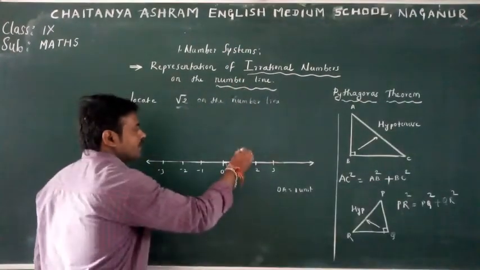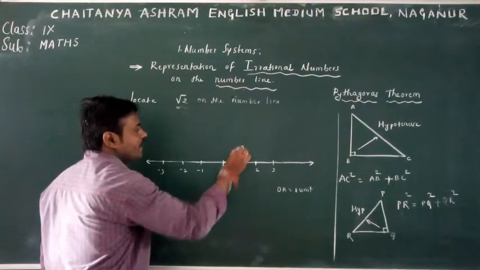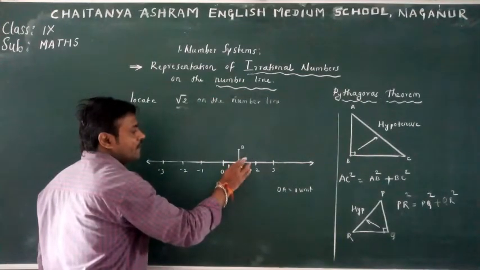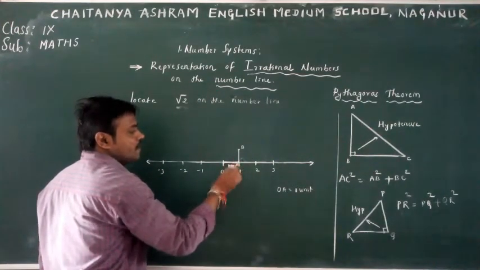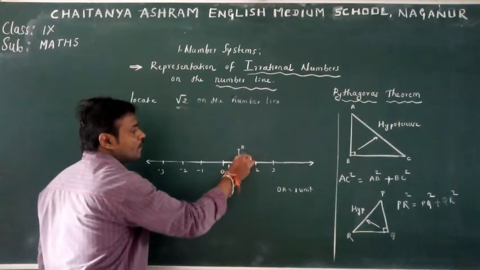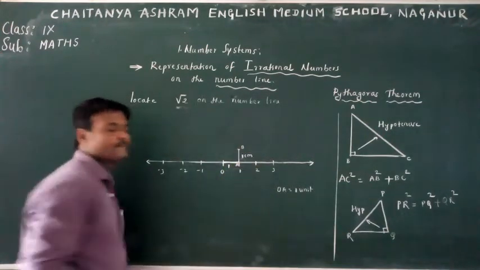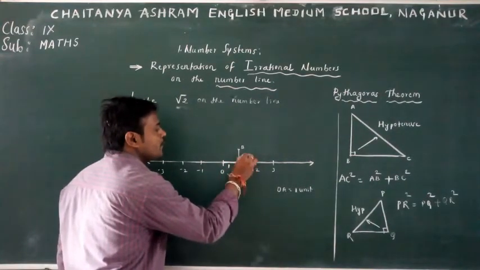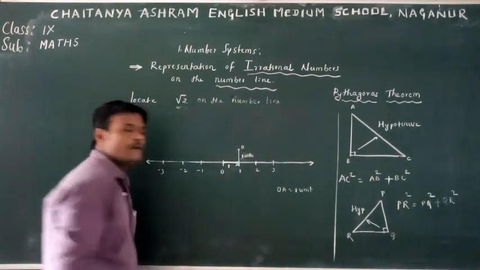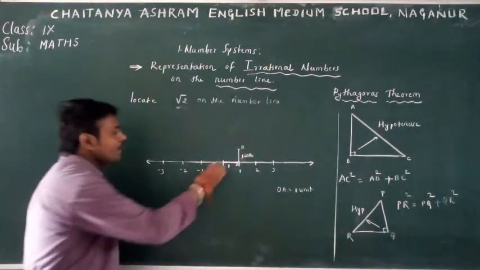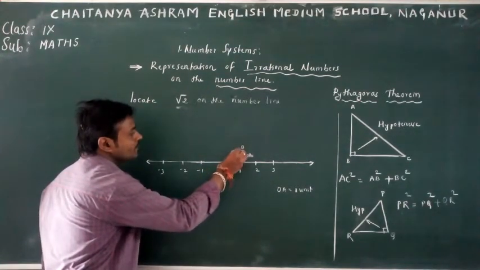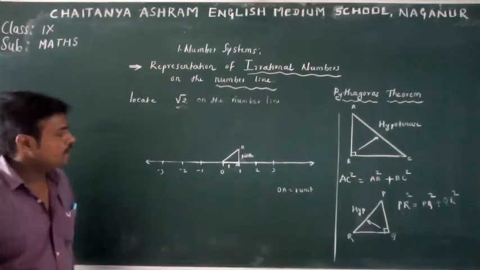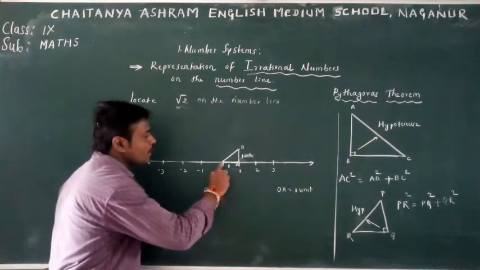Now say this point is B. AB is how much? 1 centimeter or 1 unit. This is also 1 unit. Then join OB. Now a triangle OAB is formed.